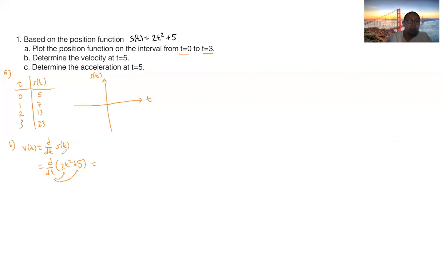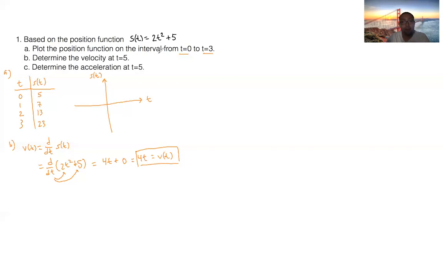And using the power rule, the derivative of the first term, 2t squared, is just going to be 4t, plus the derivative of the second term, 5, which is a constant. And we know that the derivative of a constant is 0. And so we determine that our velocity function is equal to 4t.